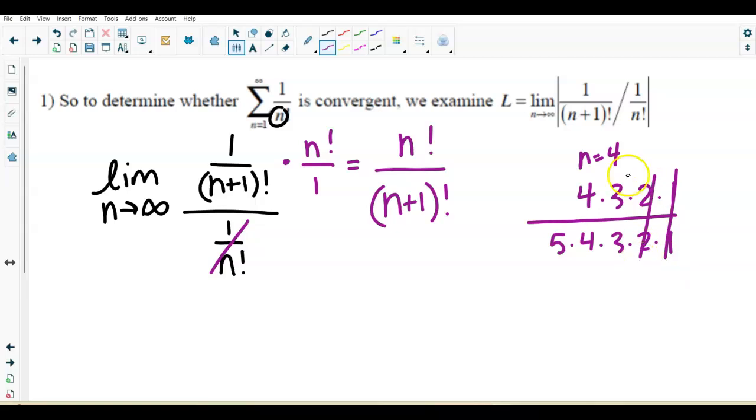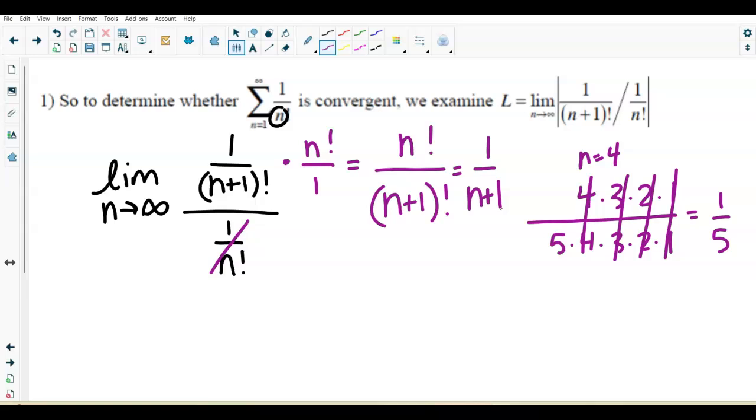We can see that all of these would cancel, and this would actually simplify to 1 over 5. So what it canceled was all of the n factorials, but it left one more. So this simplifies to 1 over n plus 1. The factorials canceled out with all the n's that they had in common, and then it just left you with the n plus 1 there.